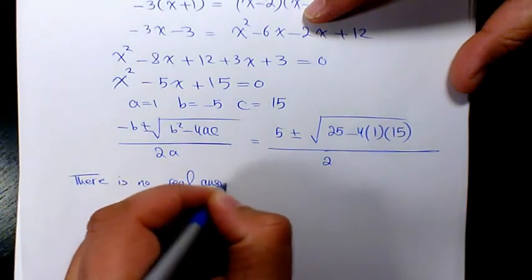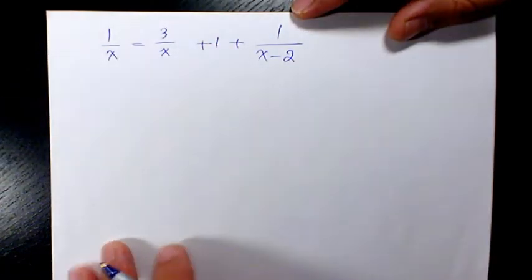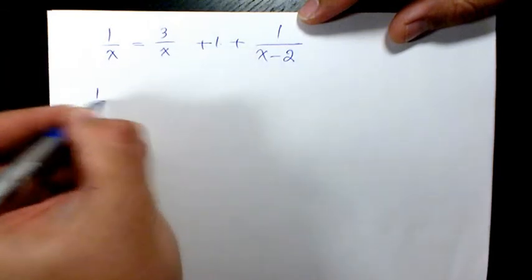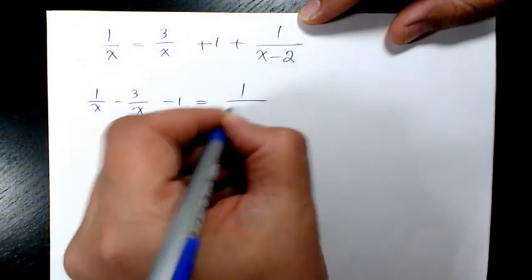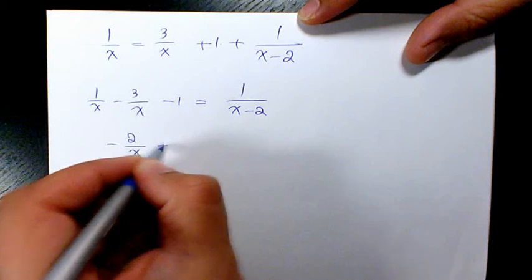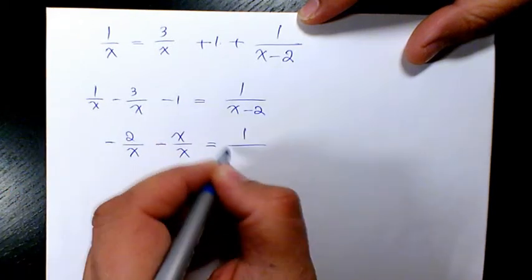answer. Next one is going to be 1 over x equals 3 over x plus 1 over x minus 2. So in this case, I'm going to move these two to the other side. So 1 over x minus 3 over x equals 1 over x minus 2. So that's going to be negative 2 over x, because I want to have the same denominator.